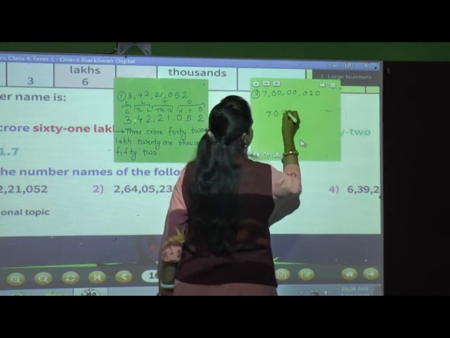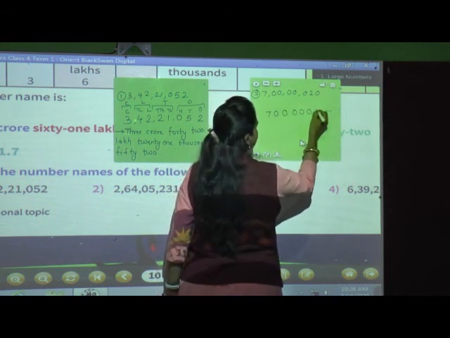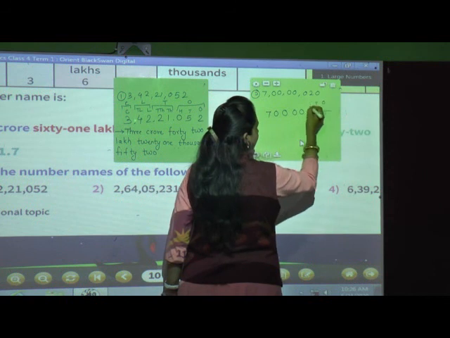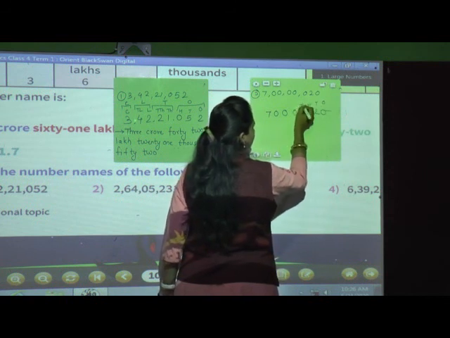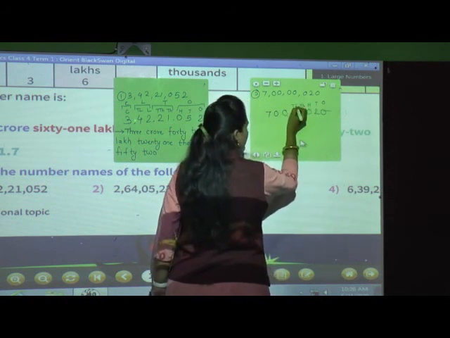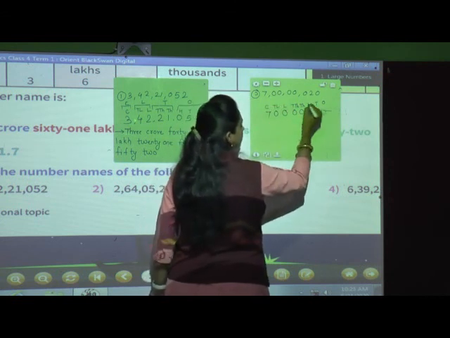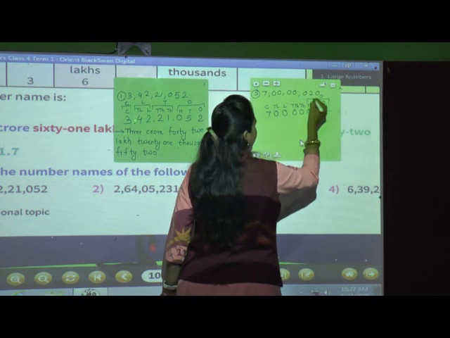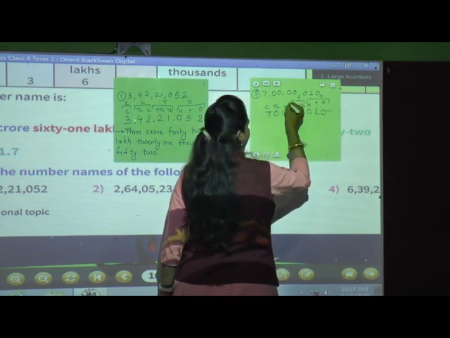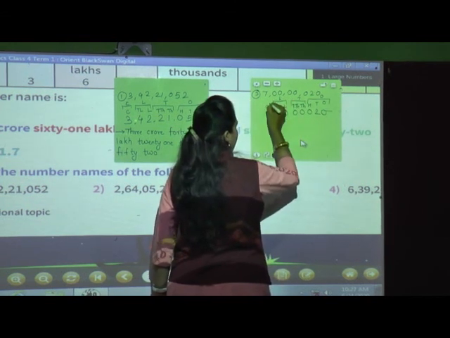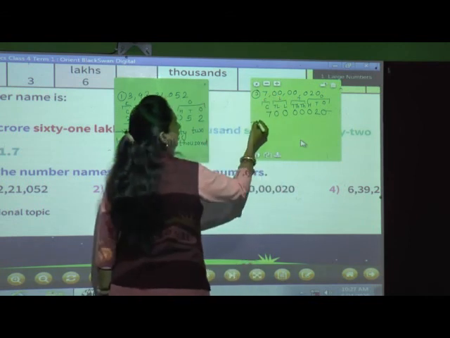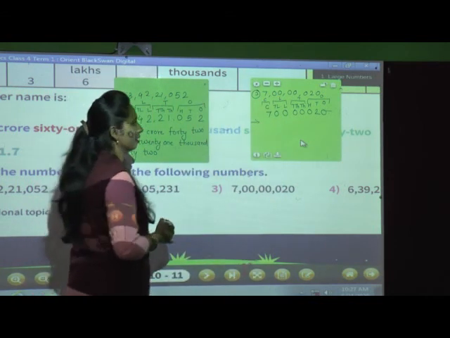Okay, I'll place the numbers in place value chart. Ones, tens, 100, 1000, 10,000, lakhs, 10 lakhs and crore. See, ones period, thousand period, lakhs period and crore period. Now let us write the number name.